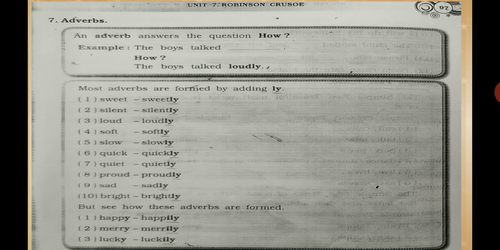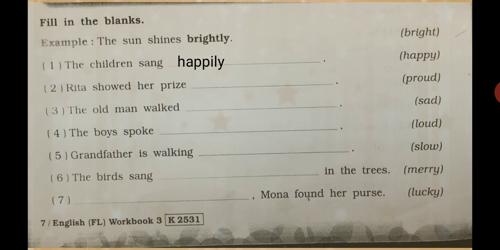And here we have been given some examples of adverbs. Below the examples there is an exercise, and the exercise is filling in the blanks. We have to write the adverb form of the adjective given in the bracket.